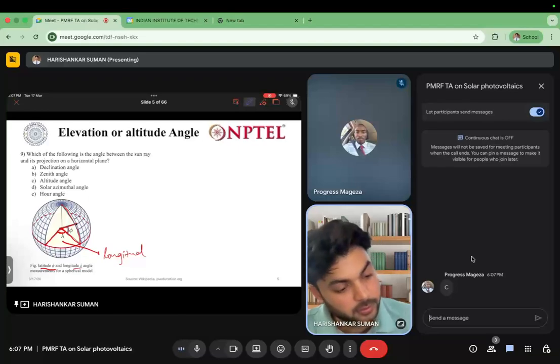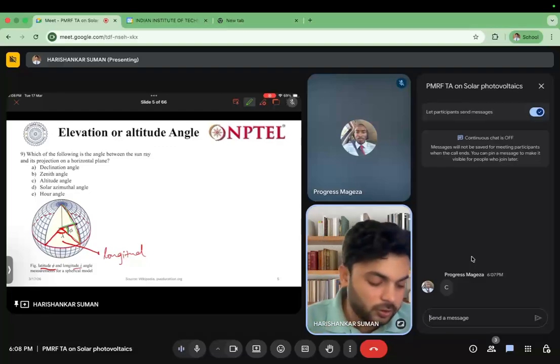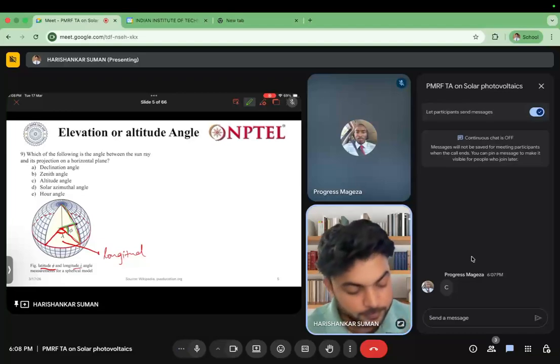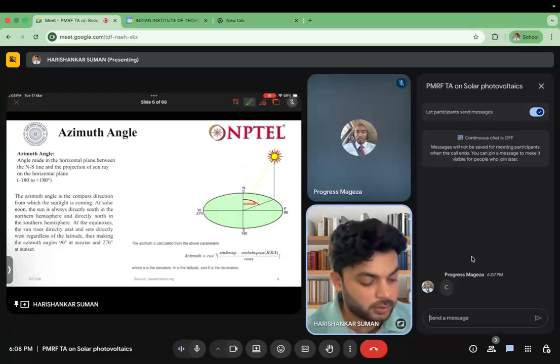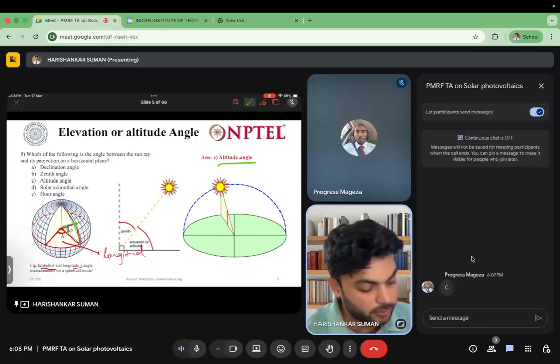This is the angle. So any point on the earth you can find the latitude and longitude. Okay, so the answer will be C. And you can also search PV Education to visualize these angles. Here is the site, you can search for that.